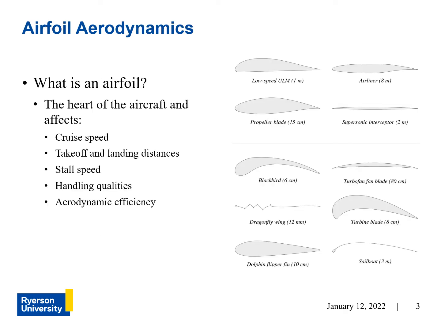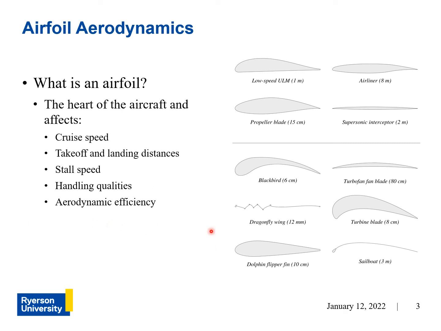Alright, so what is an airfoil? Well, basically it's the heart of the aircraft and affects many of its characteristics in terms of flight, such as speed, takeoff and landing distances, stall speed, handling qualities, as well as aerodynamic efficiency.